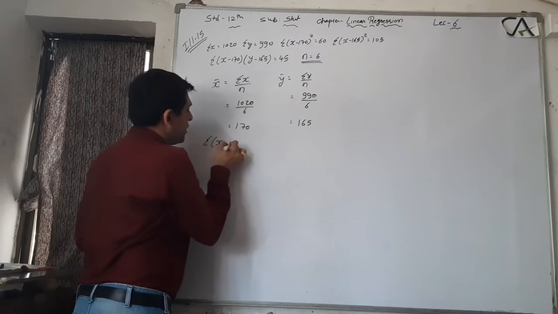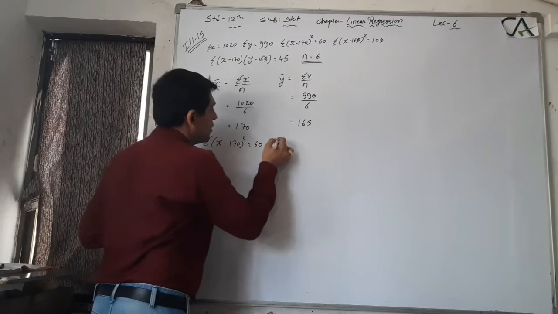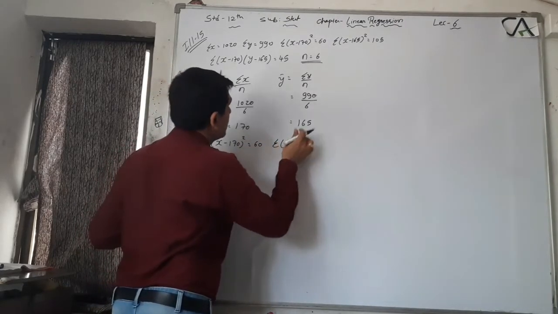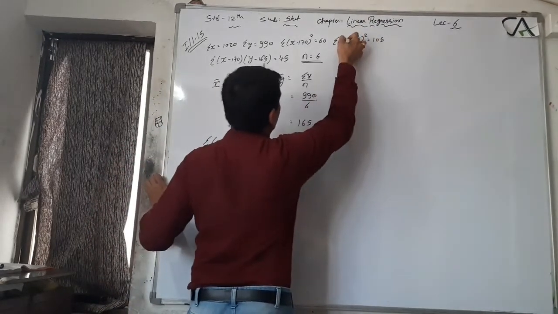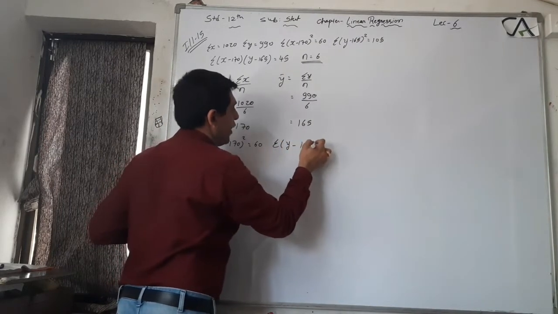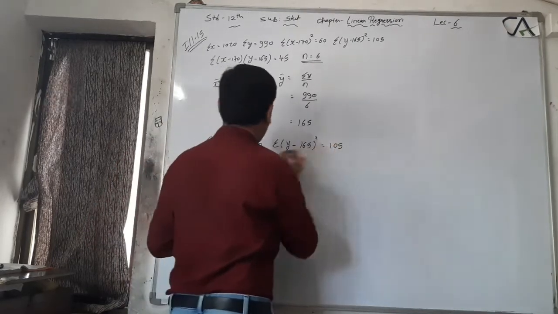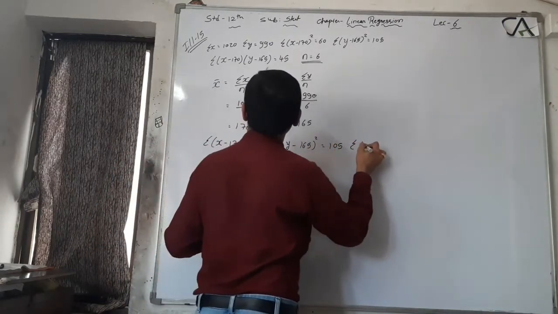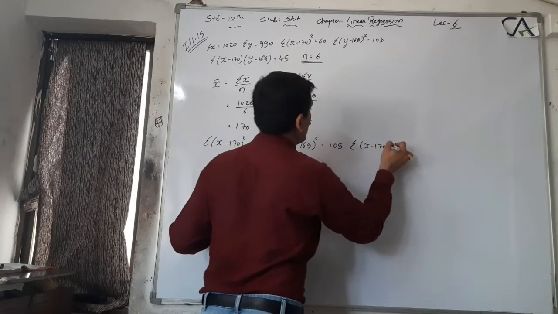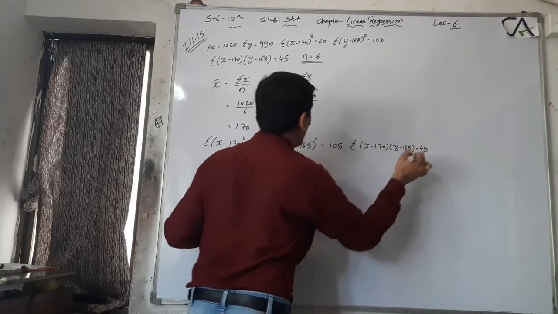Sigma (x minus 170) square is equal to 60, sigma (y minus 165) square is equal to 105, and sigma (x minus 170) into (y minus 165) is equal to 45.